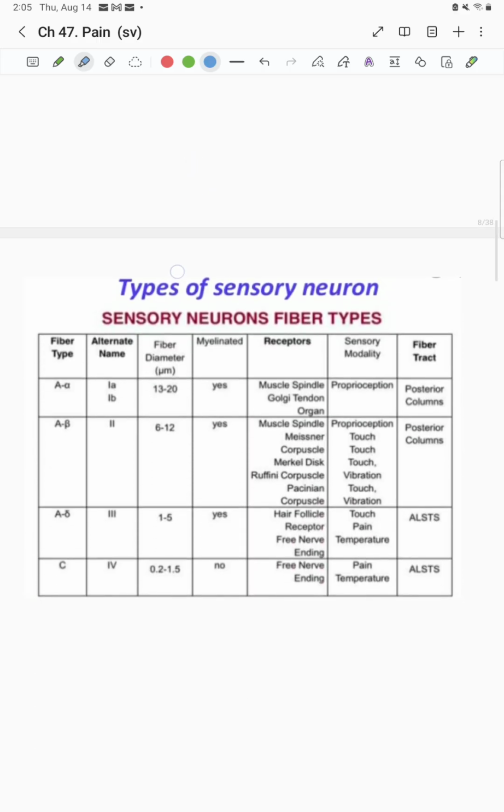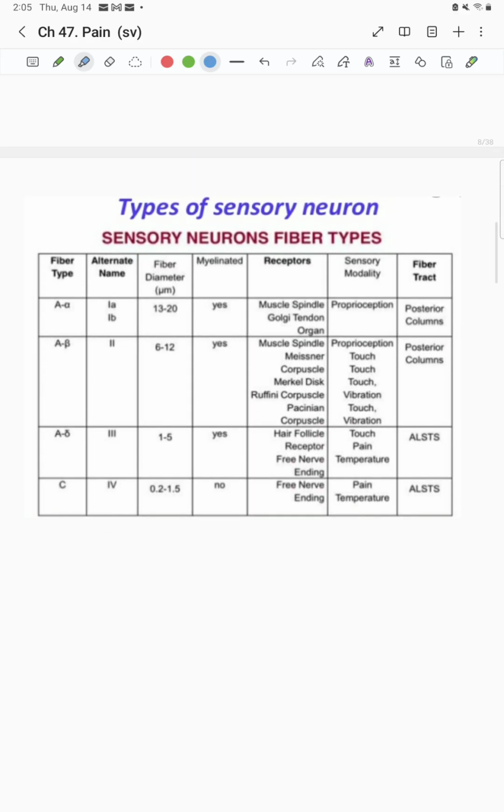There's a chart down here that is a summary of what we just talked about. It shows you the fiber type, its alternate name, so A alpha, type 1A, type 1B, A beta, type 2, and whether it's myelinated or not; they all are except the C fibers.